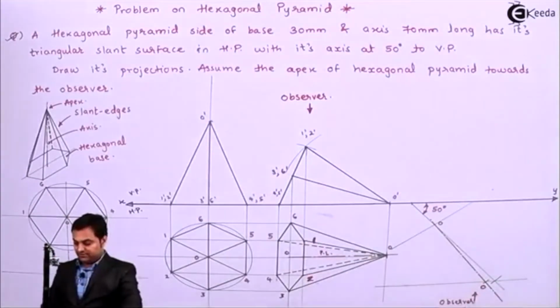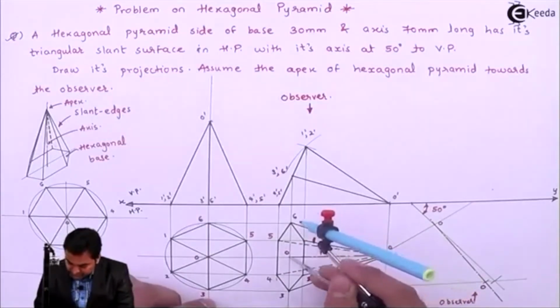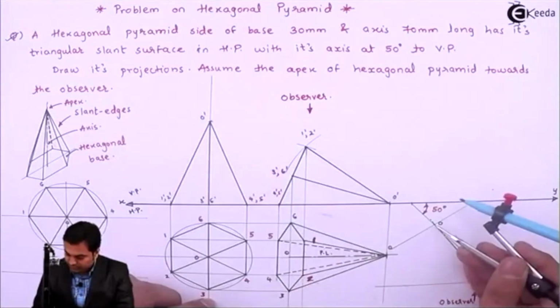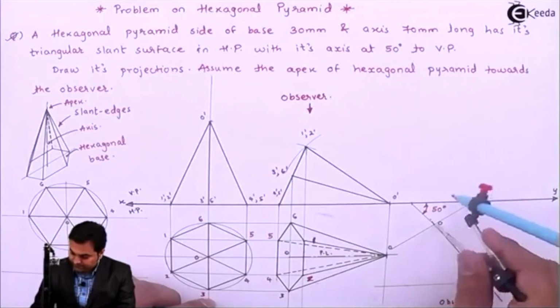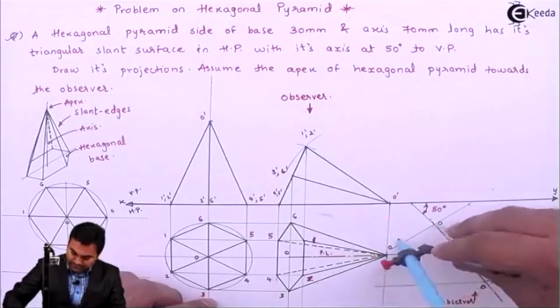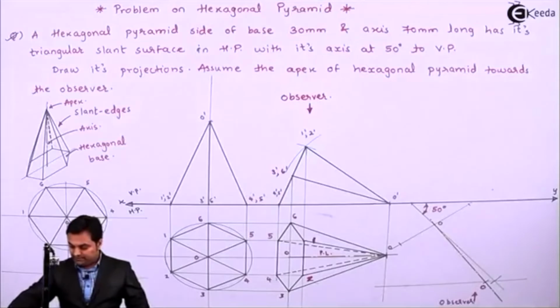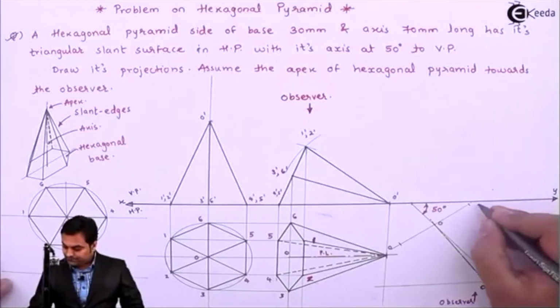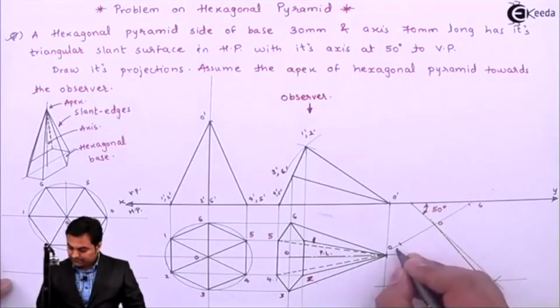Next, I'll measure the distance from O to 6, and same will be the distance from O to 3 as well. So marking it over here and here. So if the pyramid is tilted in this direction, point 6 will be at this location, and here I'll get point 3.